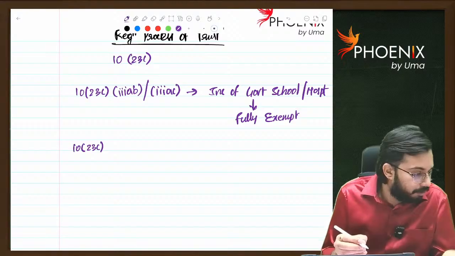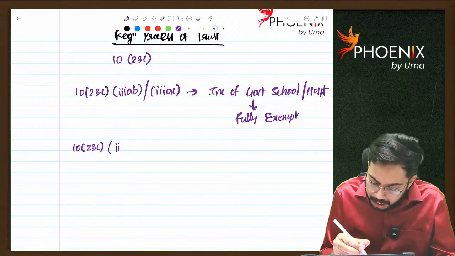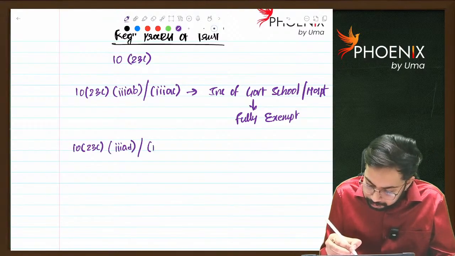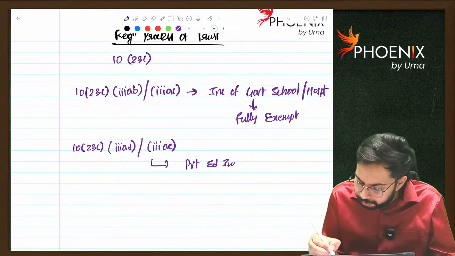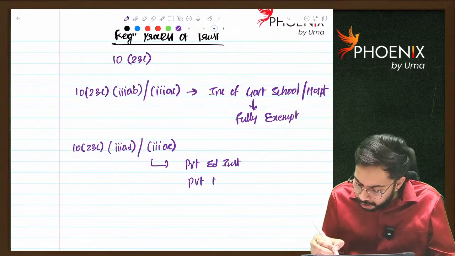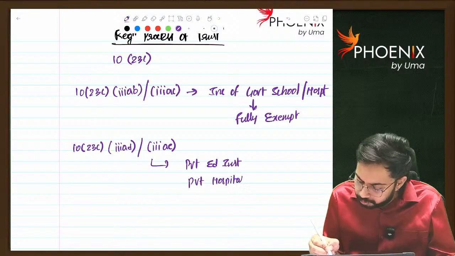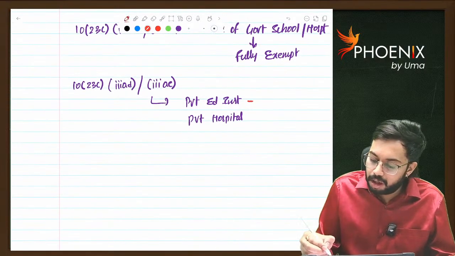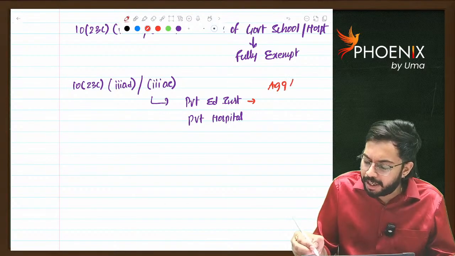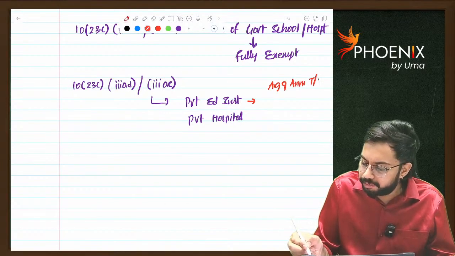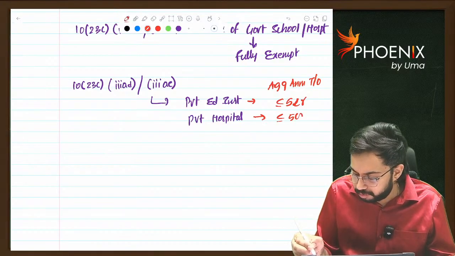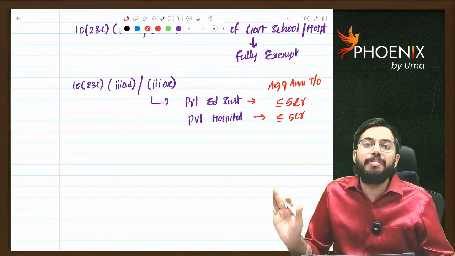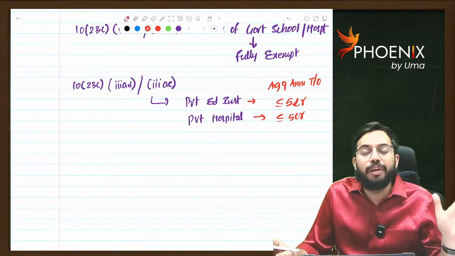10(23C), 3AD, 3AE. A private educational institution or private hospital whose aggregate annual turnover is less than or equal to 5 crores, then also their total income is not taxable, it is fully exempt.